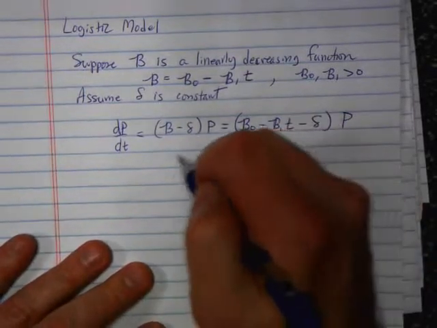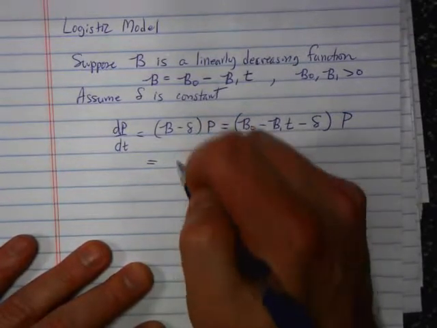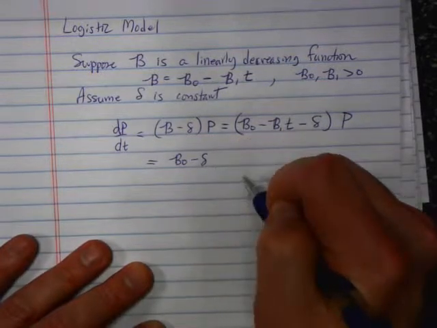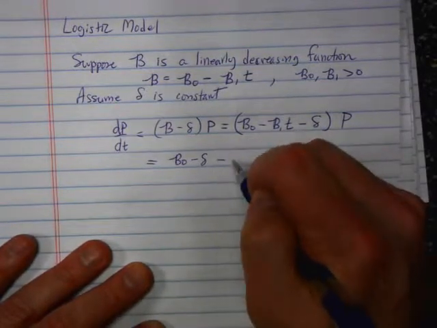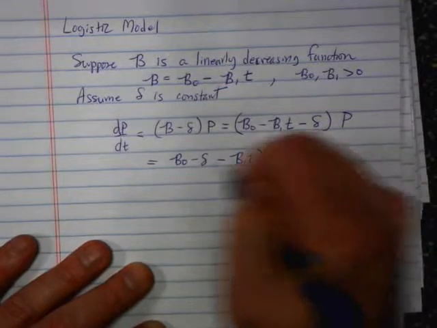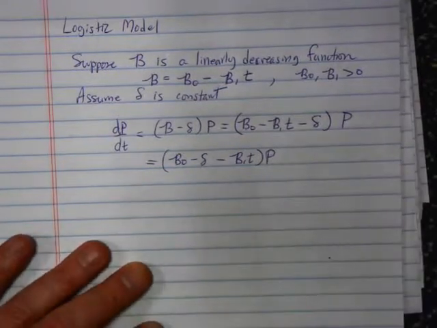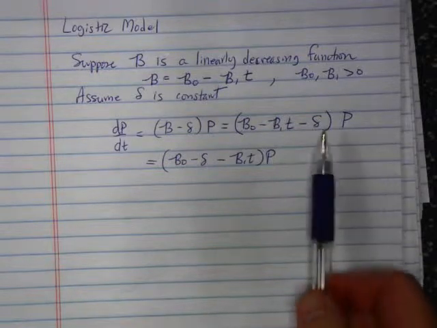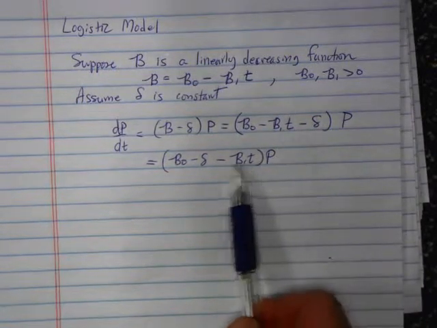Typically, we rewrite that a little bit. I'm going to write it as beta 0 minus delta minus beta 1 t times P. So why did I do that? Why did I just switch the order on these two? Any good reason?